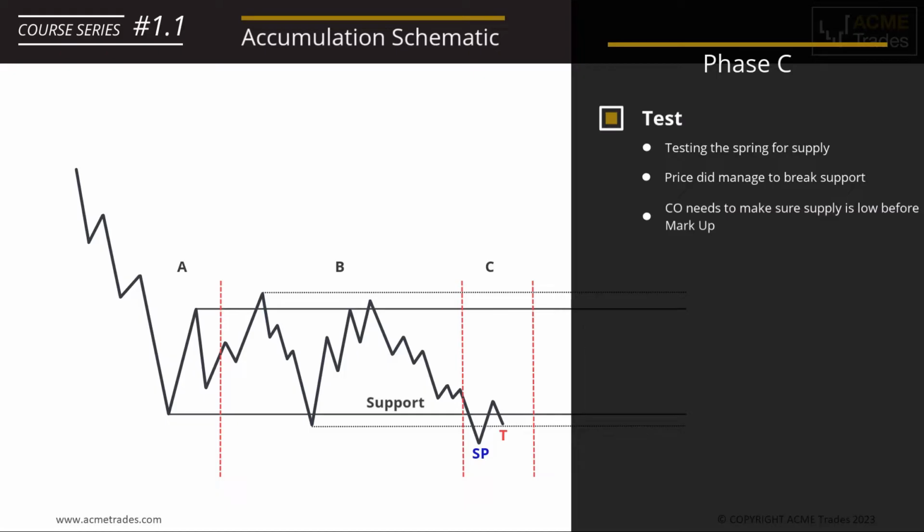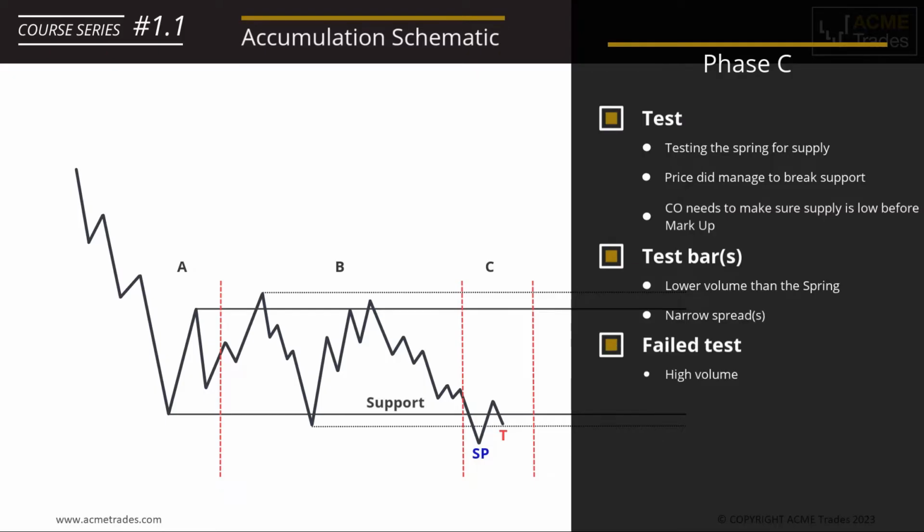There is low selling pressure. Therefore, the test itself should have minimal supply. And this would be represented by having considerably lower volume than the spring and narrowing spreads. And if supply is high, further testing would be required. As you can see here, we have one further test.